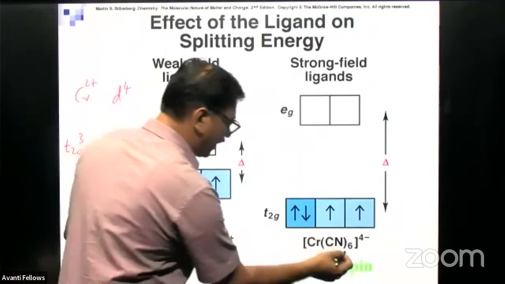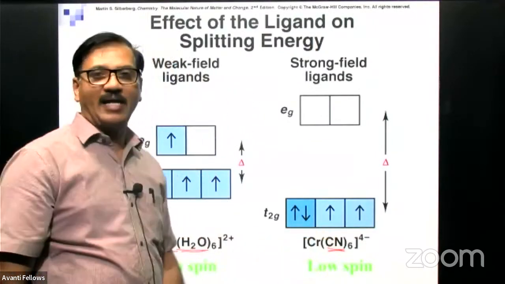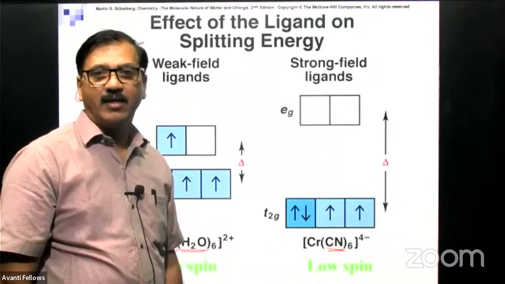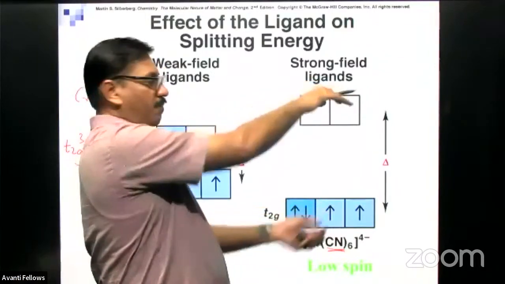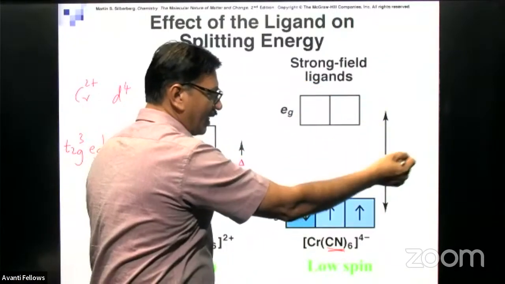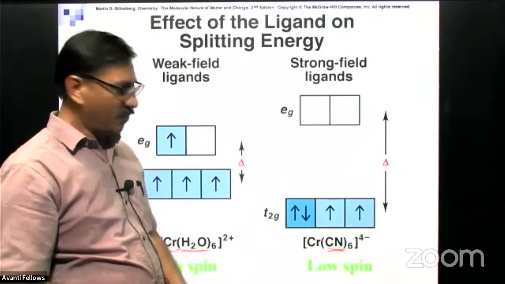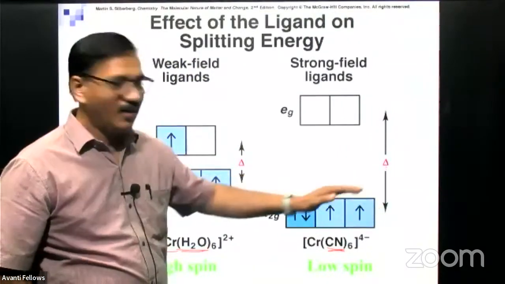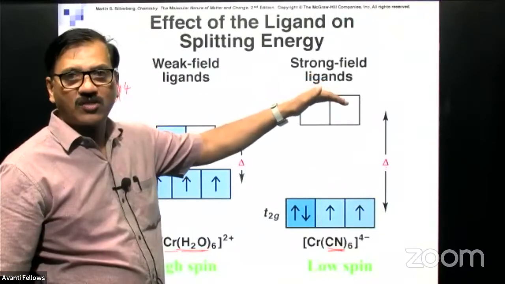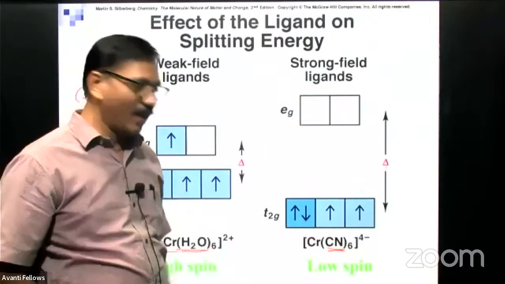Suppose the approaching ligand is CN, as I told you, CN is a strong ligand. This causes a much larger difference. This difference is delta octahedral, the crystal field stabilization energy. Now the 4th electron may not jump to the upper level, therefore it will remain there.